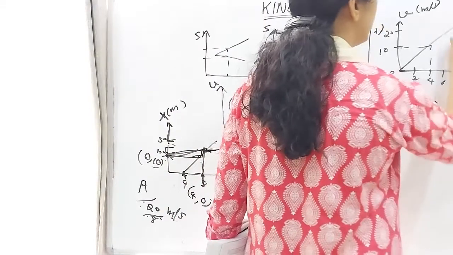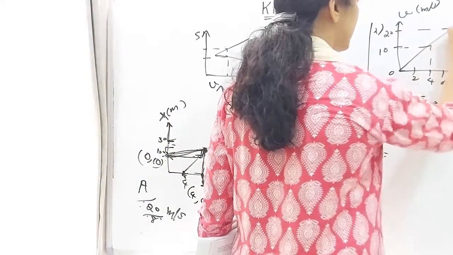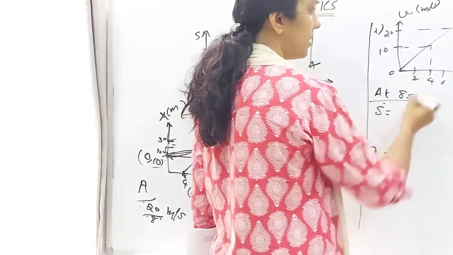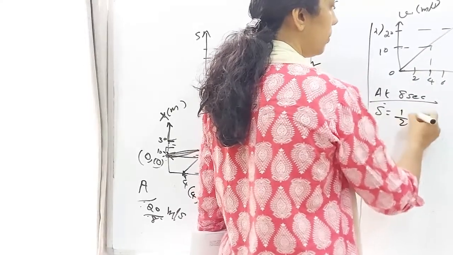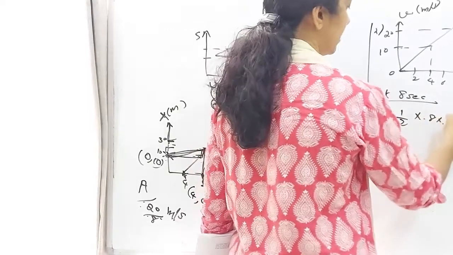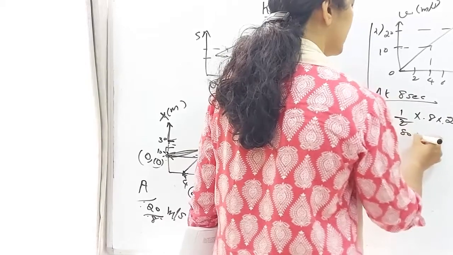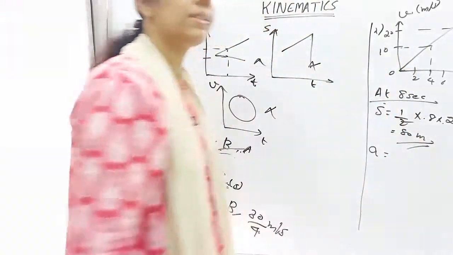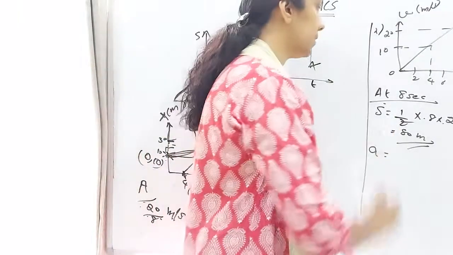So we can consider this triangle, the area under that triangle, OAB. Half into base into height: base is 8, height is 20. So here we get 80 meters. Since it is uniform motion, distance and displacement will be the same, 80 meters.